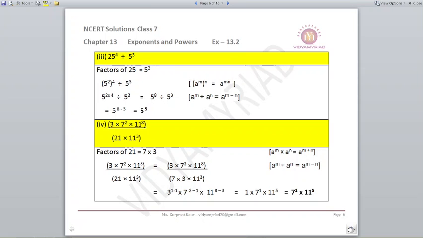Multiply by 11 raised to power 8, which is already there, and there is one 11 raised to power 3 in the denominator, which means divide, which means minus 3. So it becomes 3 raised to power 0 multiply by 7 raised to power 1 multiply by 11 raised to power 5. Now what is 3 raised to power 0? 1. So your answer is 7 raised to power 1 multiply by 11 raised to power 5.